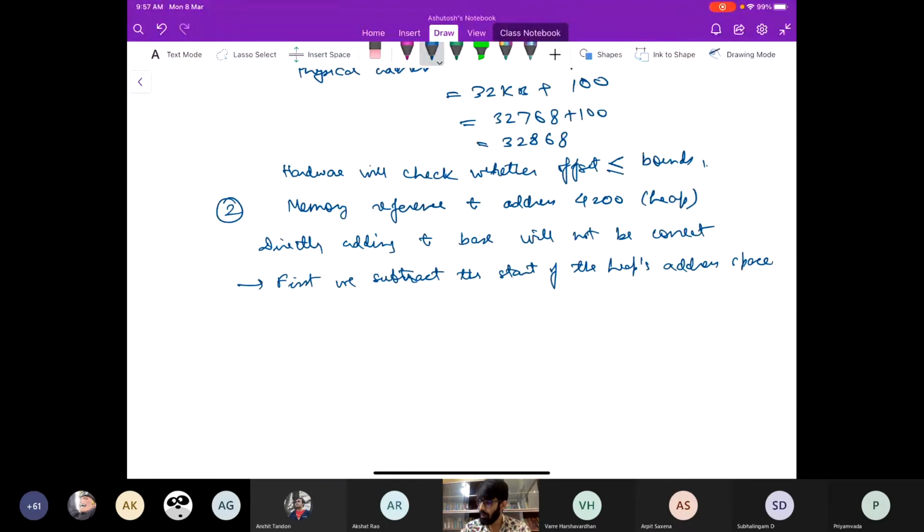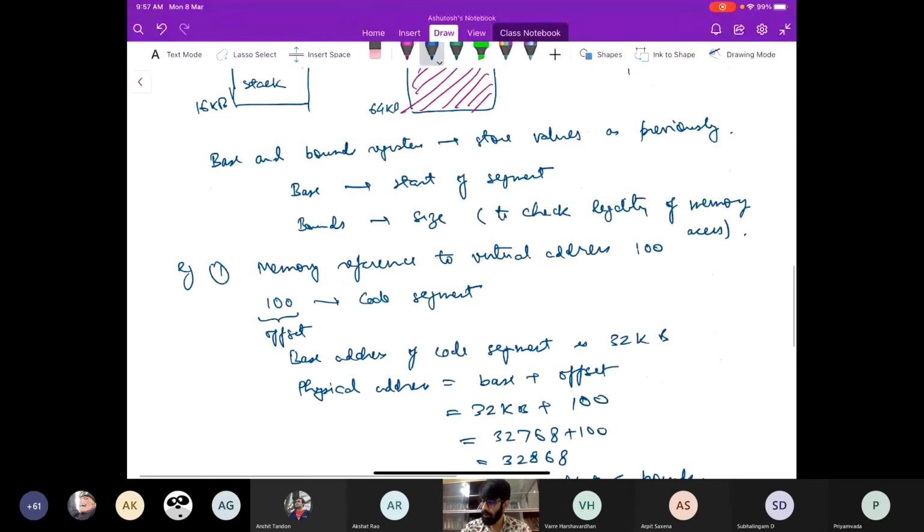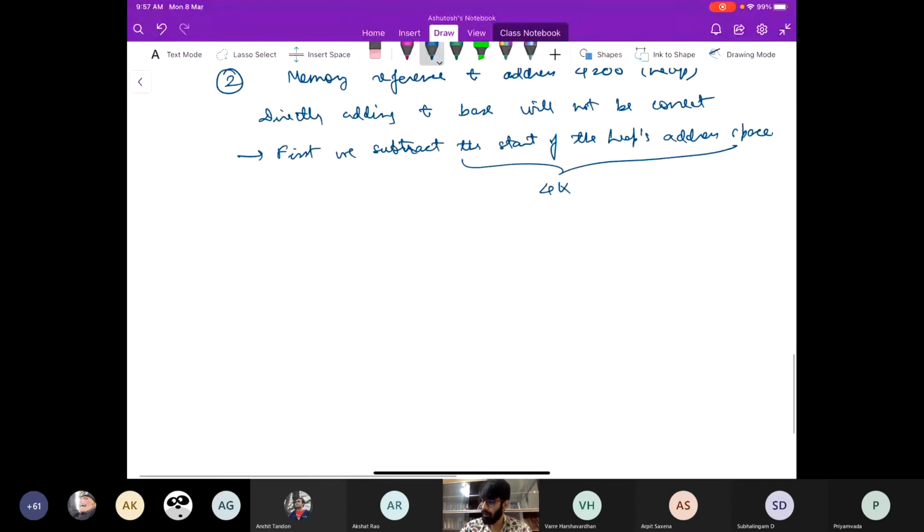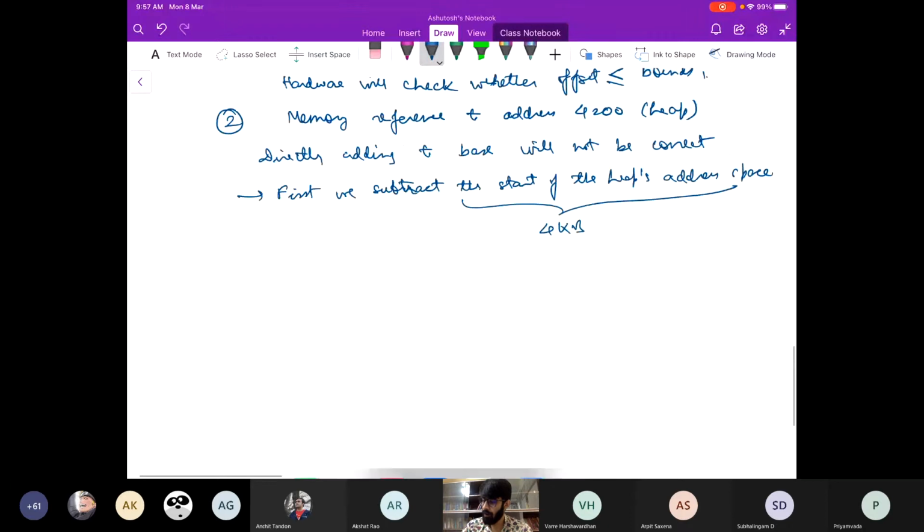So what is the start of the heap's address space? It's 4 KB, right? So this is called extracting the offset. We do 4200 minus 4 KB, which is 4096. So this is going to be 104. Okay.